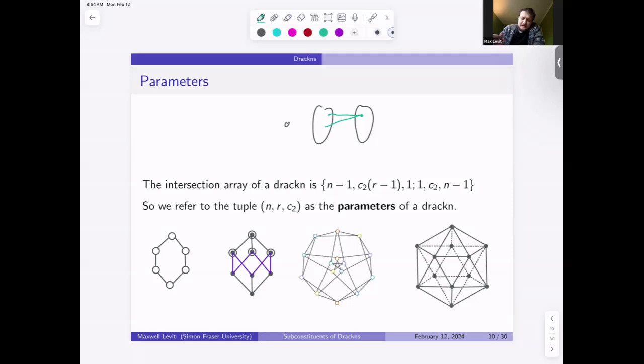In a cover of a complete graph, C2 has this interpretation as the number of common neighbors of 2 non-adjacent vertices from different fibers.